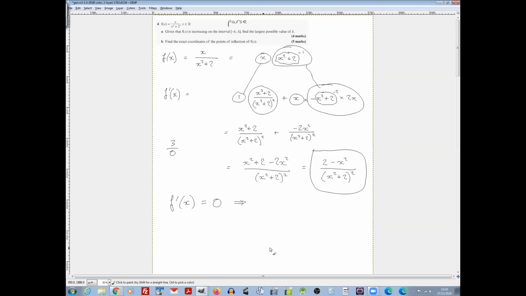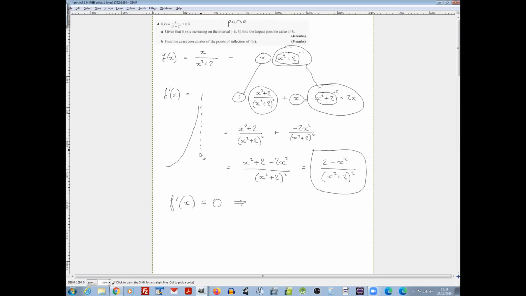It's not 0, and it's not 3. It's a syntax error. What you're not allowed to say is that 3 over 0 equals infinity, or undefined, or syntax error, meaning the graph is probably going to have a vertical asymptote.